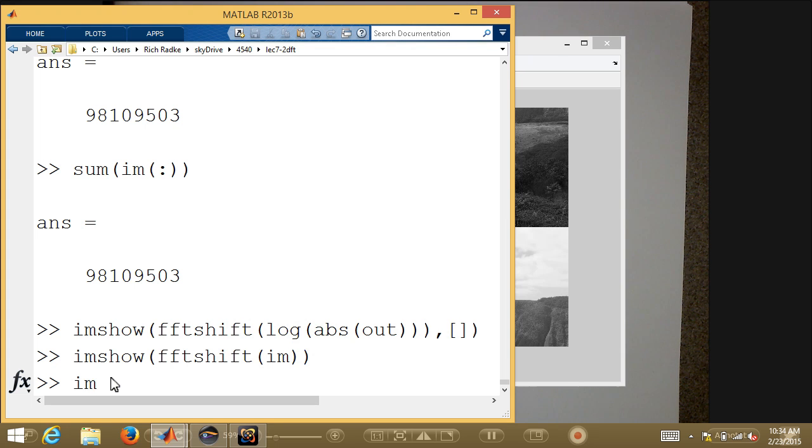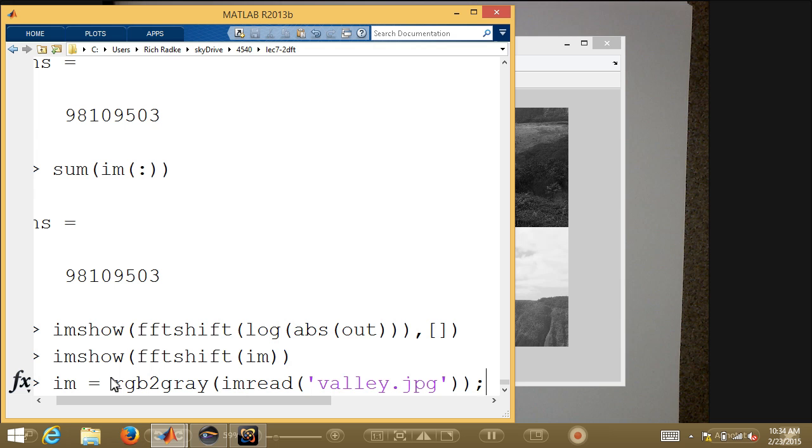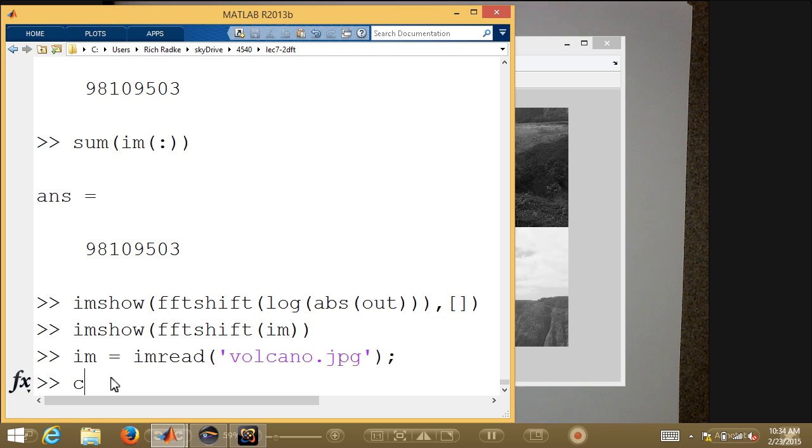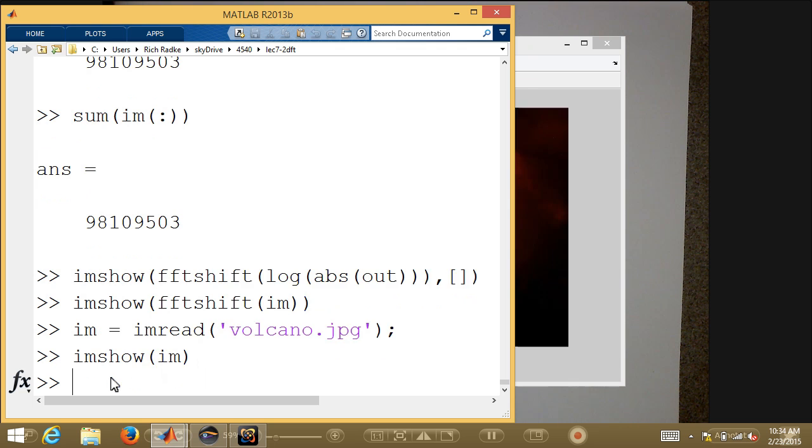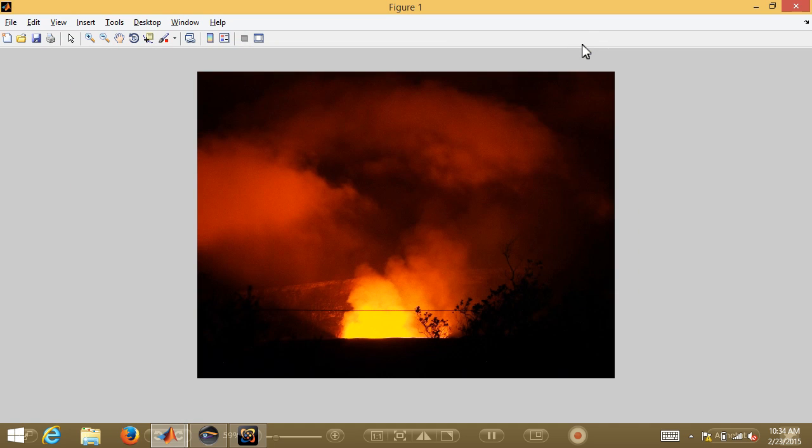Here's an example of something that may work a little bit better, right? So let's take a look at another image. So here is an image of, I guess first let me show you the original. Right, so here's an image that I took looking into a volcano at night, right?